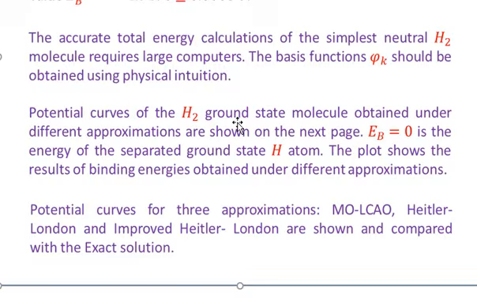Potential curves of the hydrogen molecule ground state obtained under different approximations are shown on the next page. The binding energy equal to 0 is the energy of the separated hydrogen atoms. The plot shows the results of the binding energies obtained under different approximations.